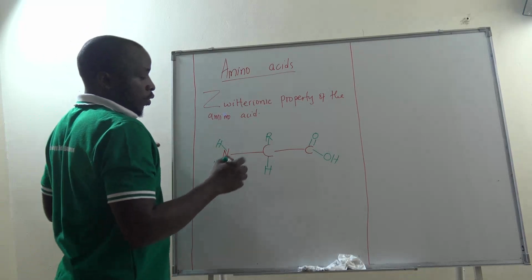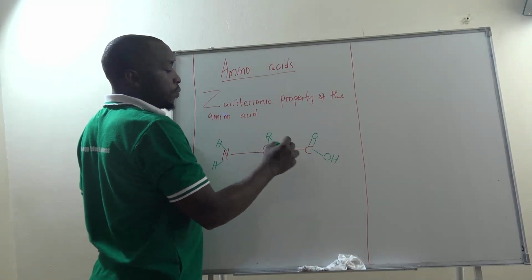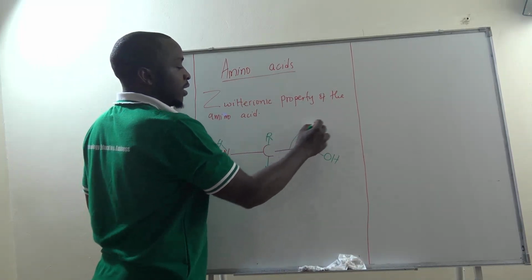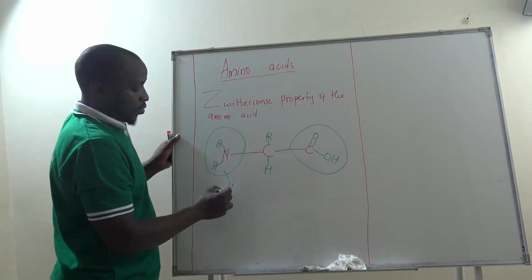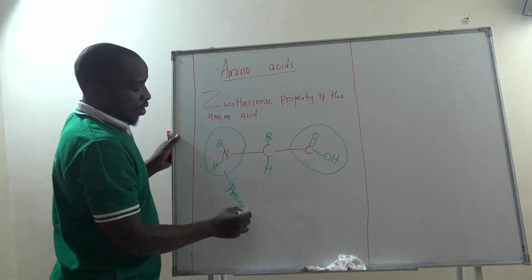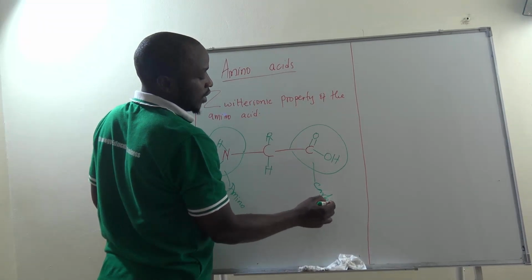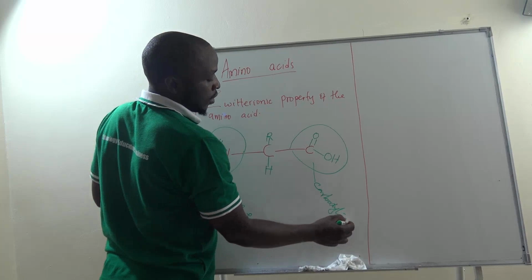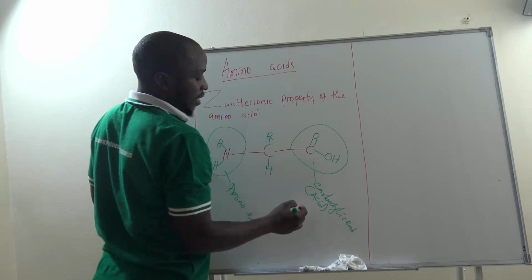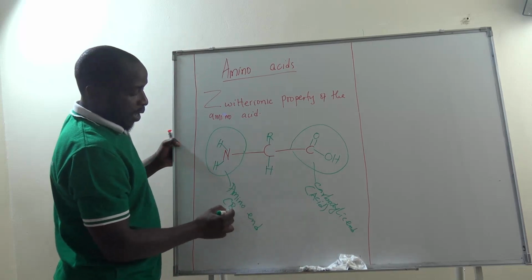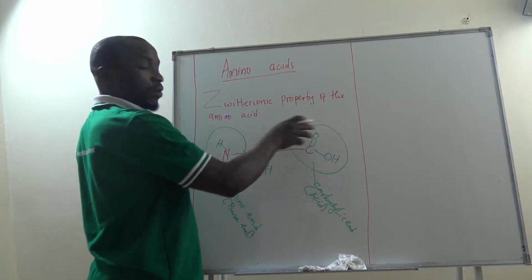So generally, all proteins, apart from even amino acids, all proteins, therefore, we can now happily say that have an amino end and also have a carboxylic end. A carboxylic end, or we can say an acid end, and then a base end. The orientation may not matter.